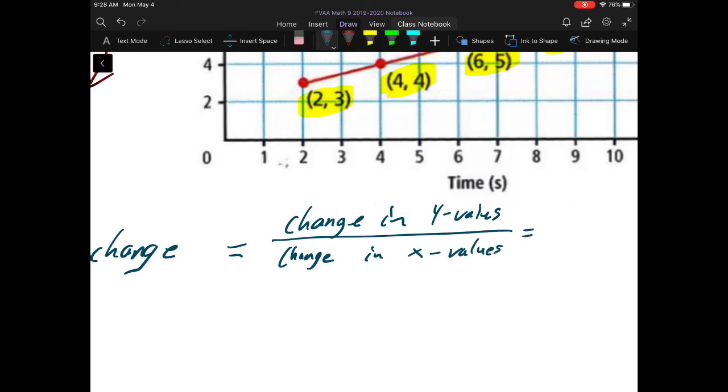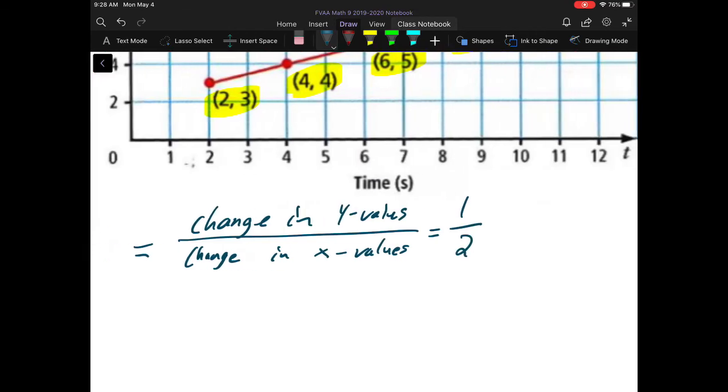Here, the y values increase by 1, and the x values change by 2. So I get a rate of change of 1 over 2 or 0.5 if you'd rather. So that would be my rate of change, either in fraction form or decimal form.